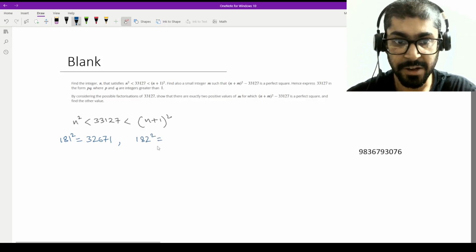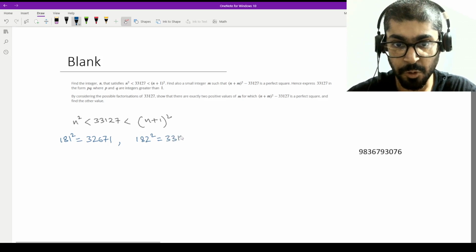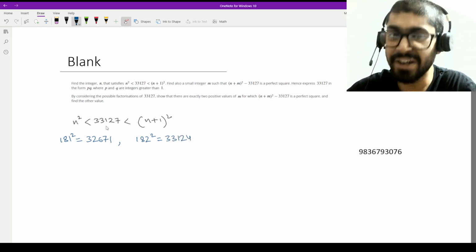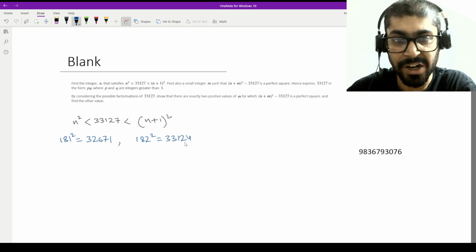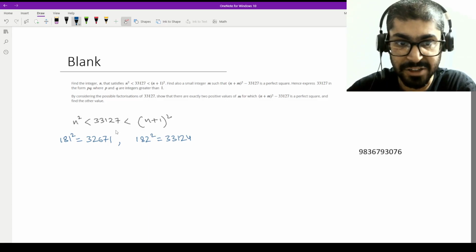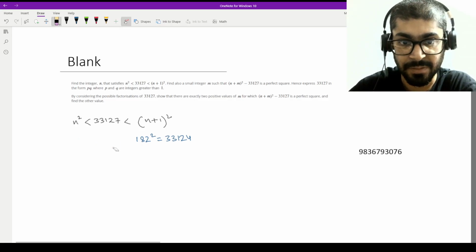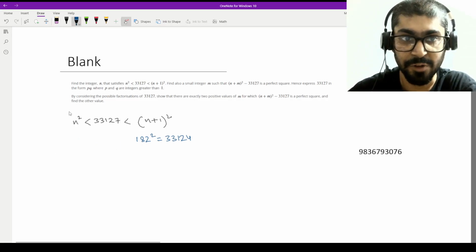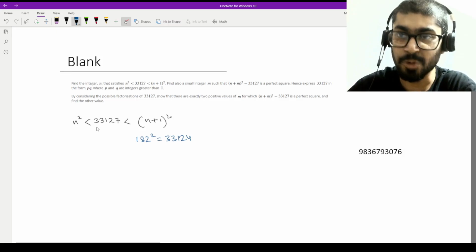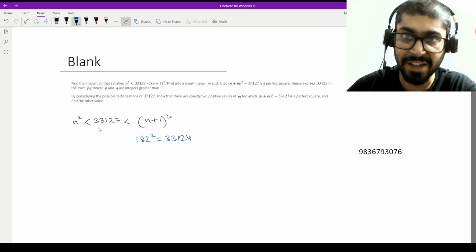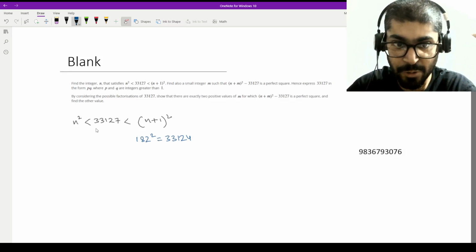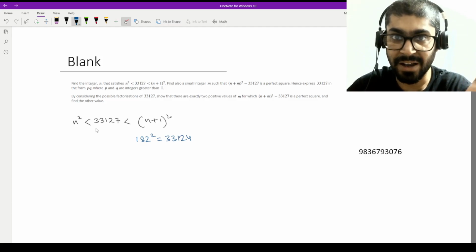This value is 33124. As I can see, this is very near to 33127, but 182 whole square is also less than 33127. So 181 will not get used. This is the first check that we have to conduct, because both n and n plus 1 would be less than our target number if we had selected 181 as our n.